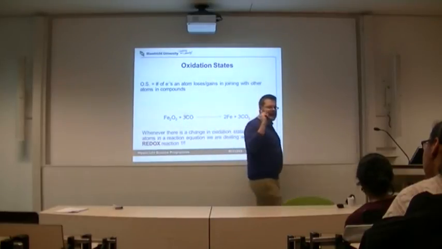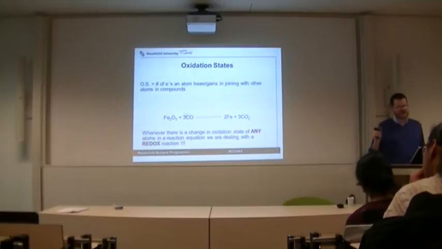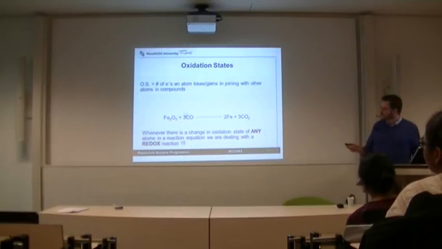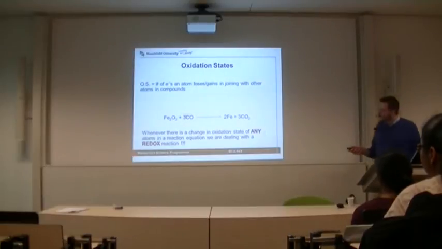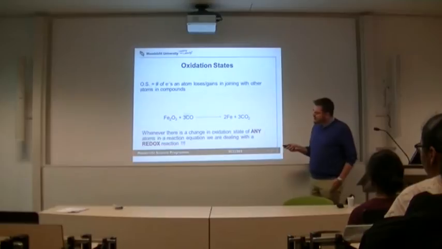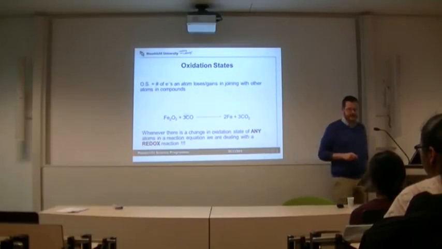How many additional electrons do I require? 2, because it's in group 6, it's got 6 valence electrons. So if I add 2, it will have 8 valence electrons, fulfilling the octet rule. So the oxidation state of an oxygen atom is 2 minus.